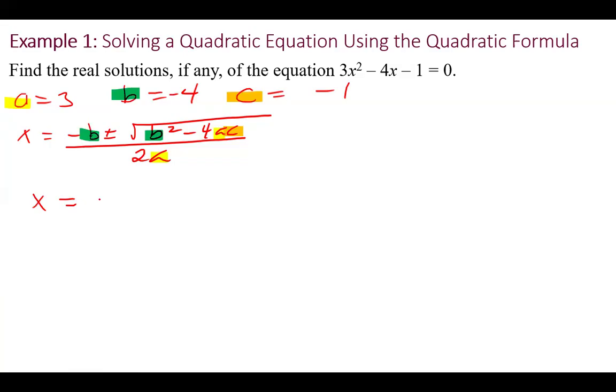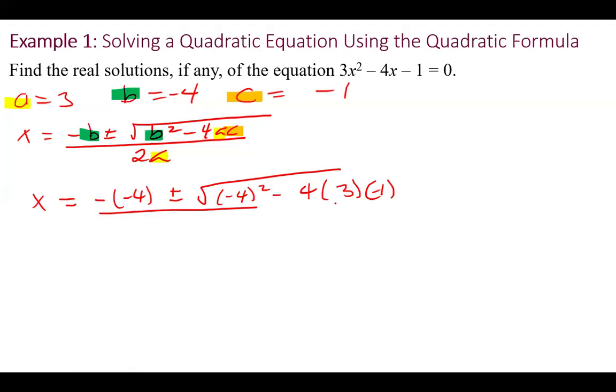So now we're going to go through and plug everything in. So x equals -b plus or minus the square root of b squared minus 4ac divided by 2a. Notice I plugged in everything where they go.